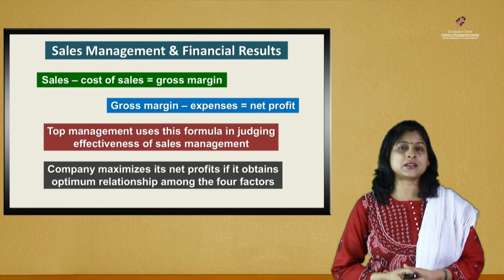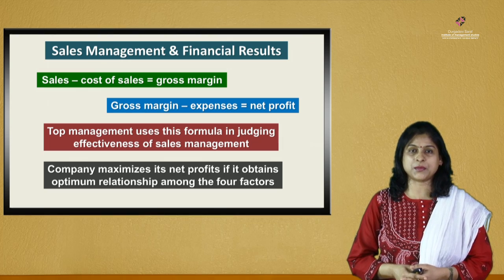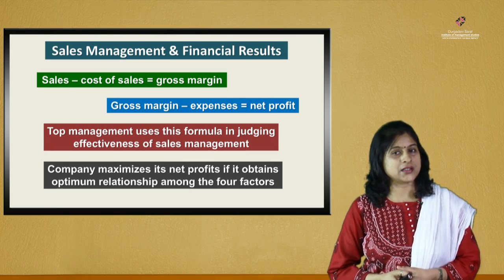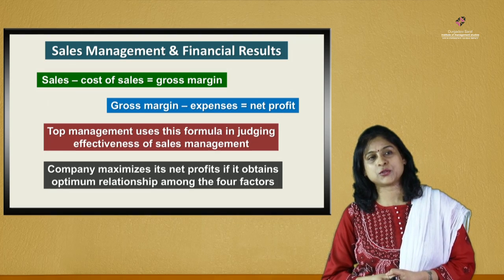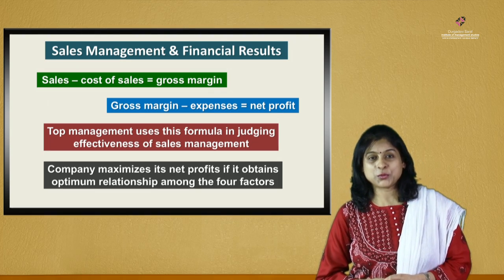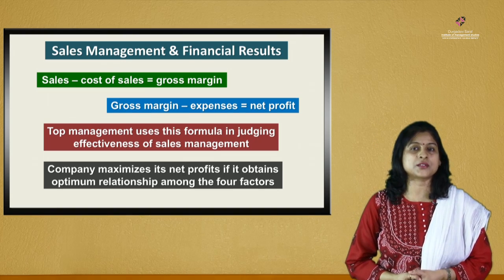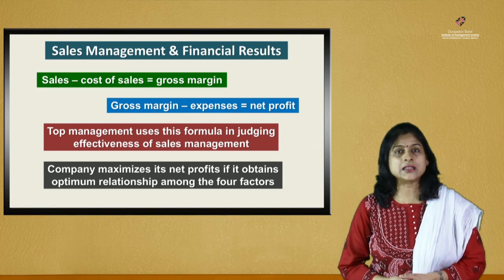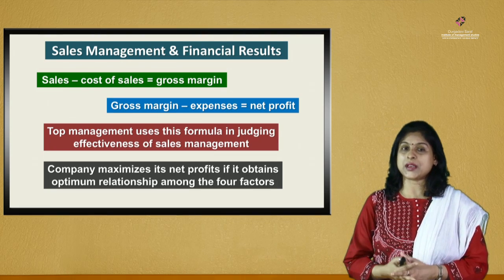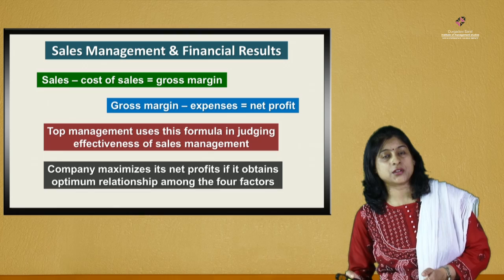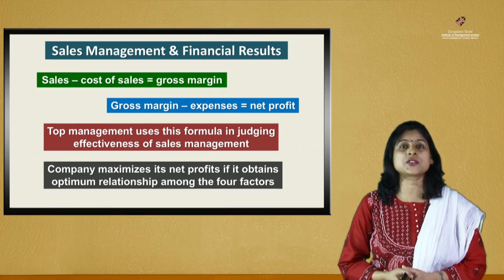Very important, this particular formula plays a very important role in the sales department. Sales minus cost of sales equals gross margin, and gross margin minus expenses equals net profit. So suppose, for whatever reason, the external environment is not favorable to me and my sales have not done the way I was looking for, I can cut down my expenses to see that the net profit comes as per my expectation, because ultimately the graph has to move on.